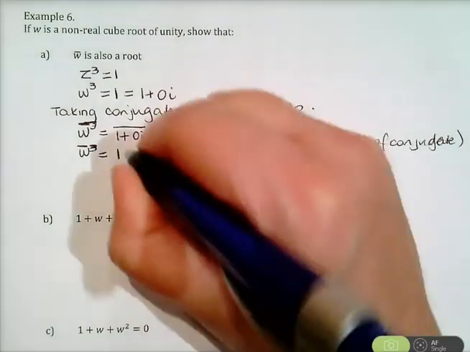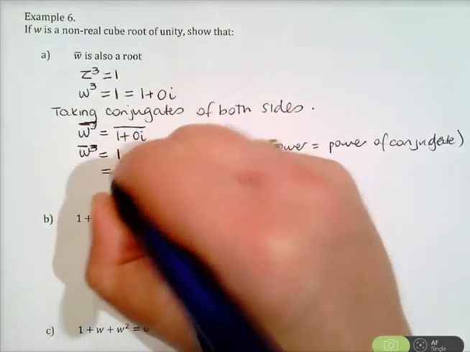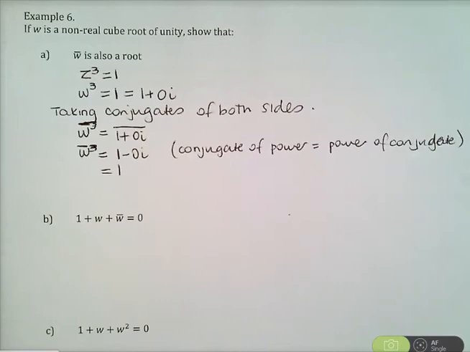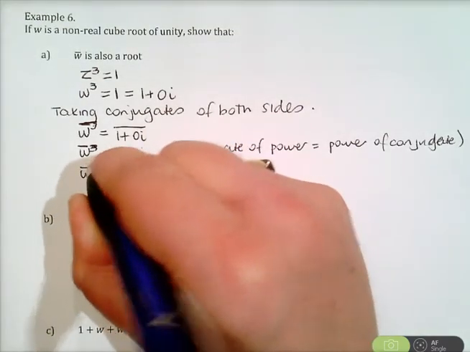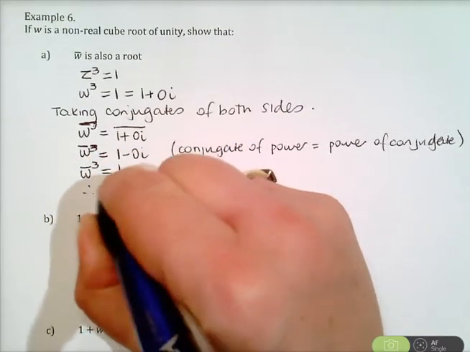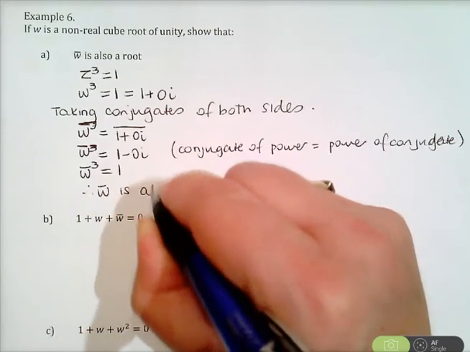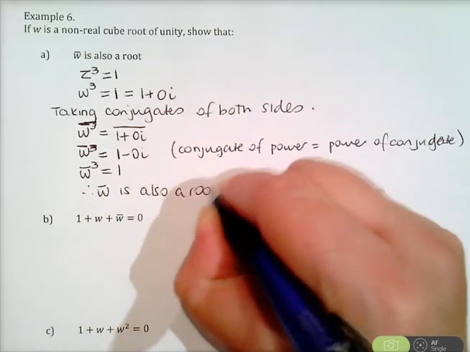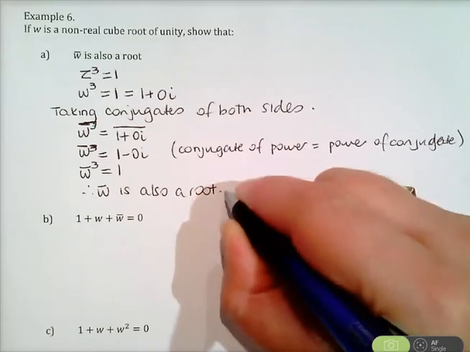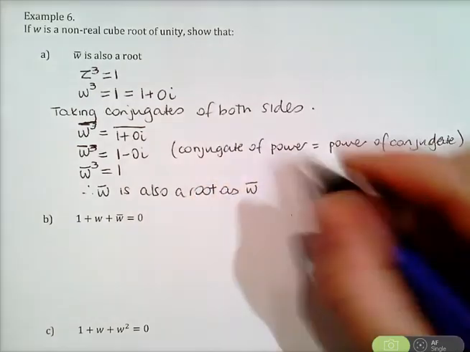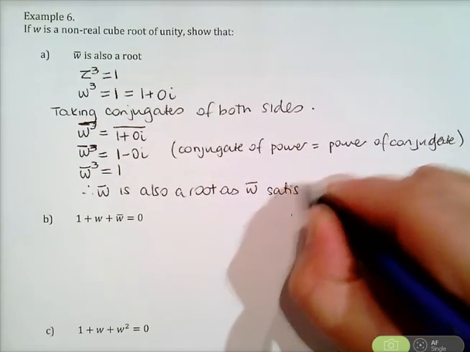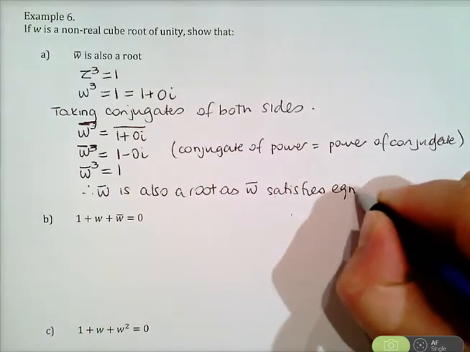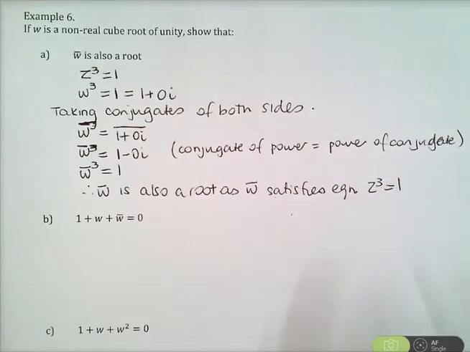So therefore we can see that the conjugate of w is also a root, as w bar satisfies the equation z cubed equals 1.